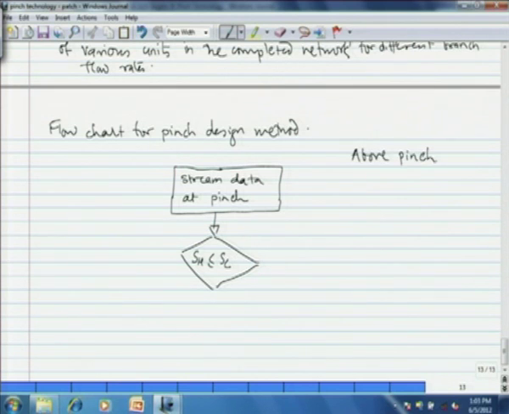This particular chart is for above pinch region. If it is satisfied, then you have to check the CP inequality constraint, CPH lesser or equal to CPC constraint.